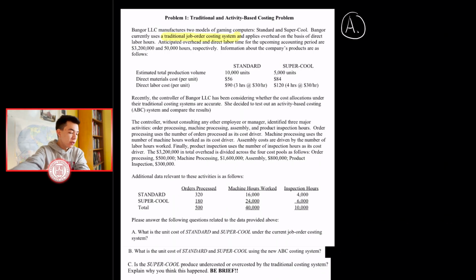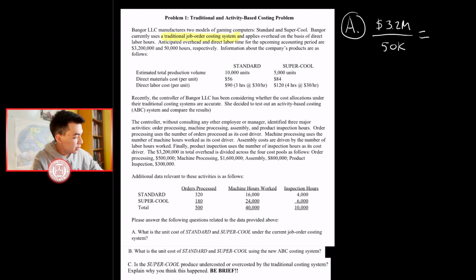So the first thing I want to do here is take our total overhead, 3.2 million, and divide it by our labor hours, which is 50K. I divide that and we get $64. That's telling us that for every labor hour we incur, we use $64 of overhead.